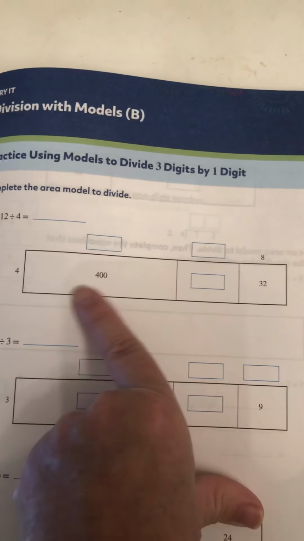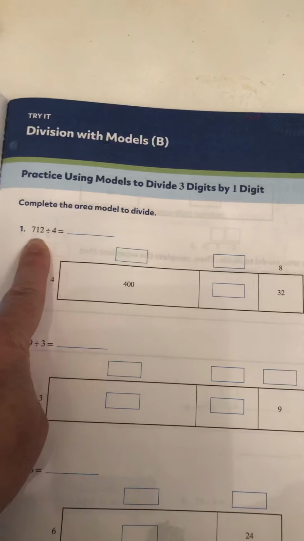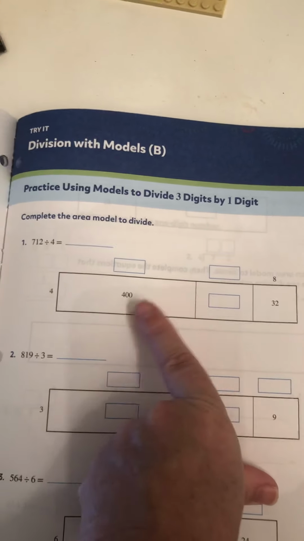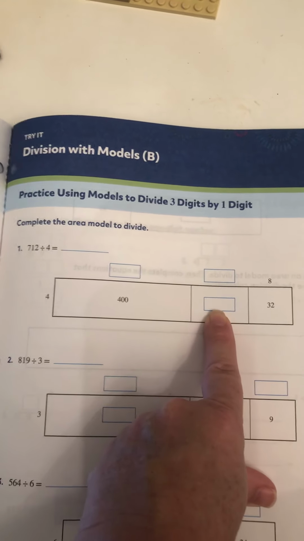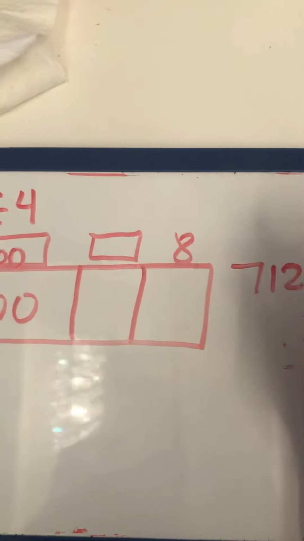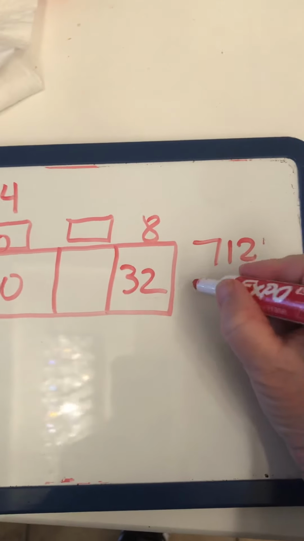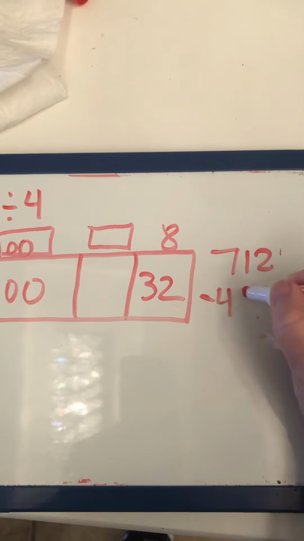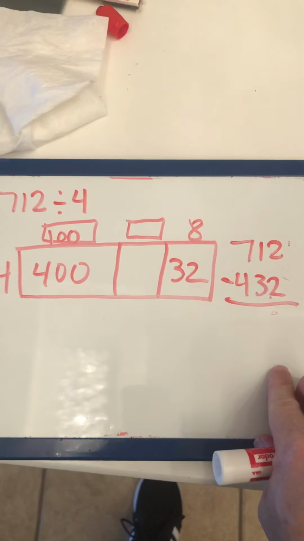So inside this area model, we are at 432. We need to get to 712. So 432 plus blank will get us to 712. The way that we can find that, let's take 712 and let's go ahead and subtract it. Let's take 432 away, okay?